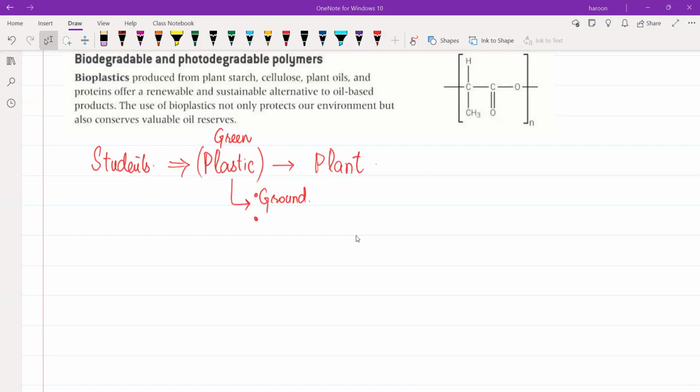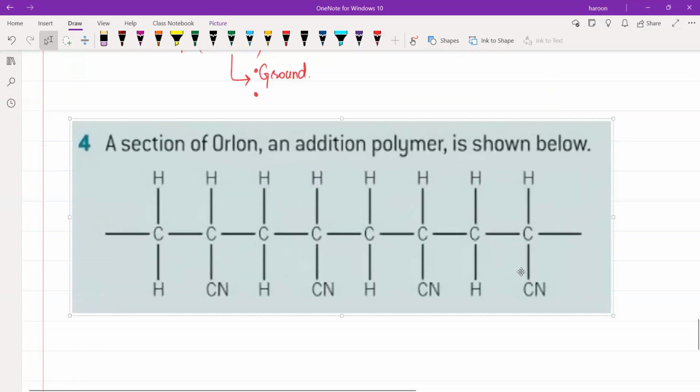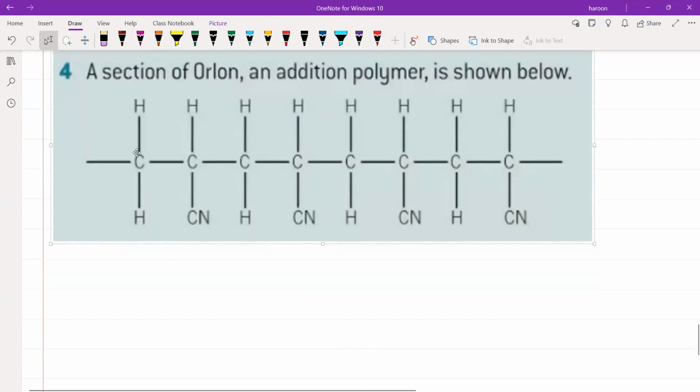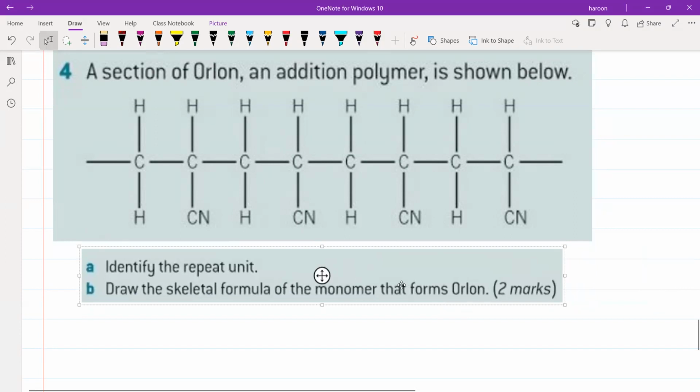Okay, so we have a question here. Let's solve it and then we'll move to the next topic. Section of all long, an addition polymer. Identify the repeating units and skeletal formula of the all long. I think the question is easy for you. Take it as a home assignment and send it to the class.